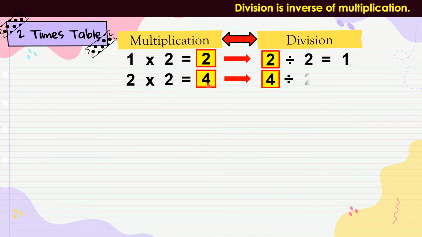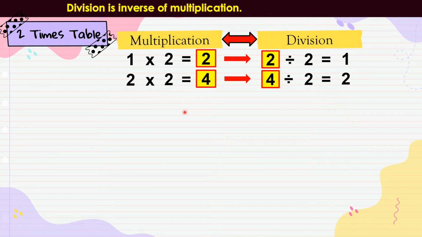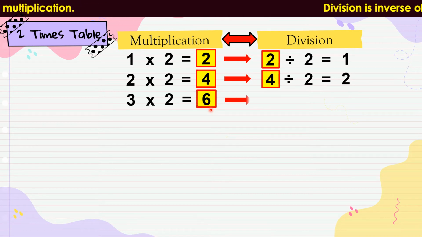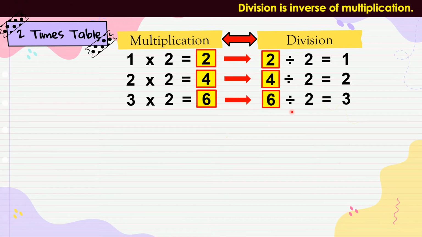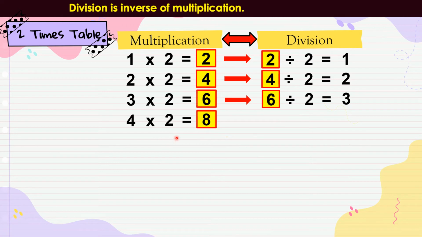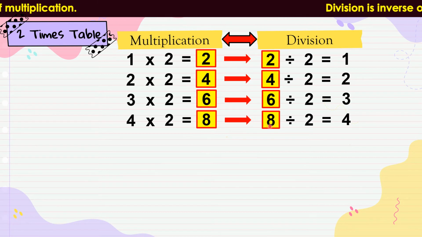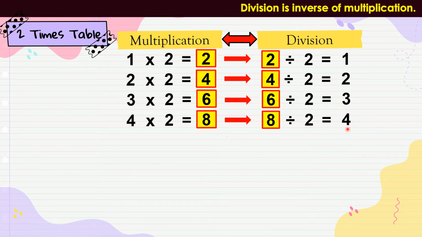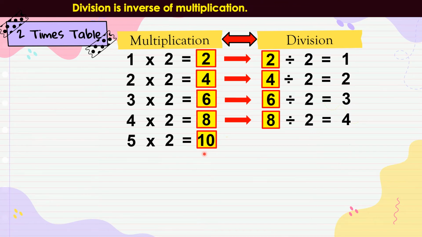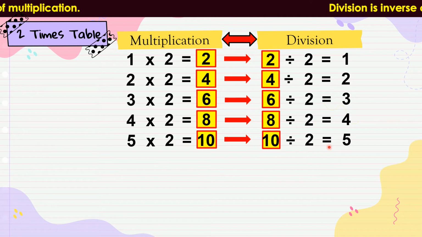When we inverse it, it becomes 4 divided by 2 is equal to 2. 3 times 2 is equal to 6. When we inverse it, it becomes 6 divided by 2 is equal to 3. 4 times 2 is equal to 8. When we inverse it, it becomes 8 divided by 2 is equal to 4. 5 times 2 is equal to 10. When we inverse it, it becomes 10 divided by 2 is equal to 5.